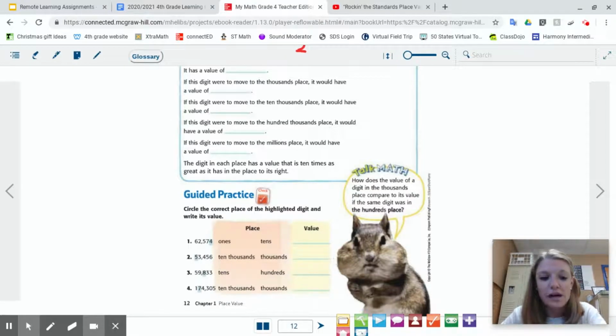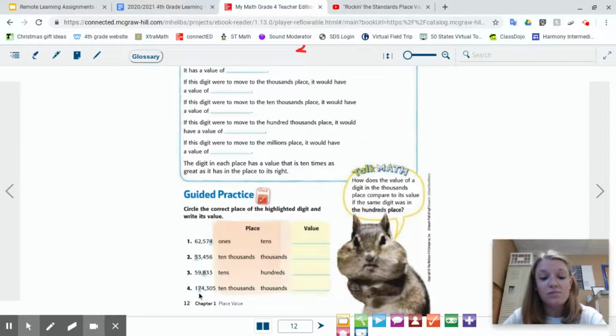Whoa, that's a lot. The next one is an 8. What place is the 8 sitting in? It's before the comma, so it's a smaller amount. Is it in the tens or the hundreds? If you said hundreds, you would be correct. And the 8's value as it's sitting in the hundreds spot would be 800.